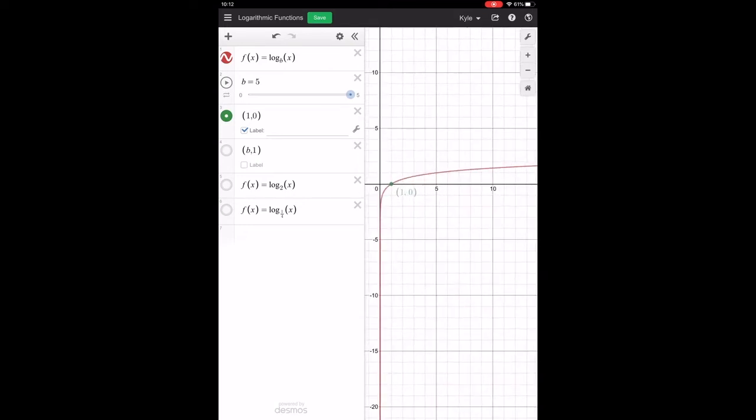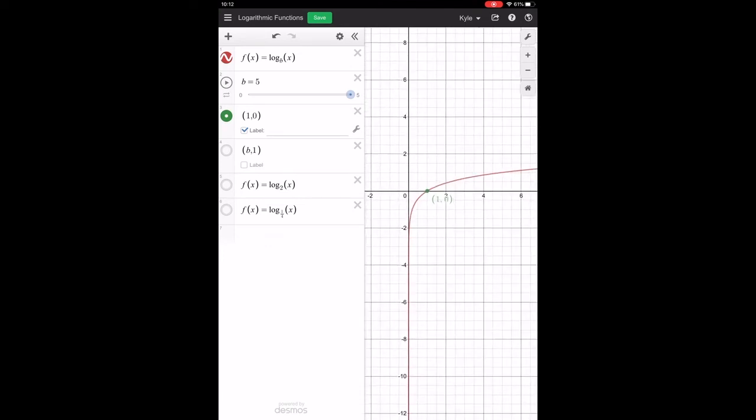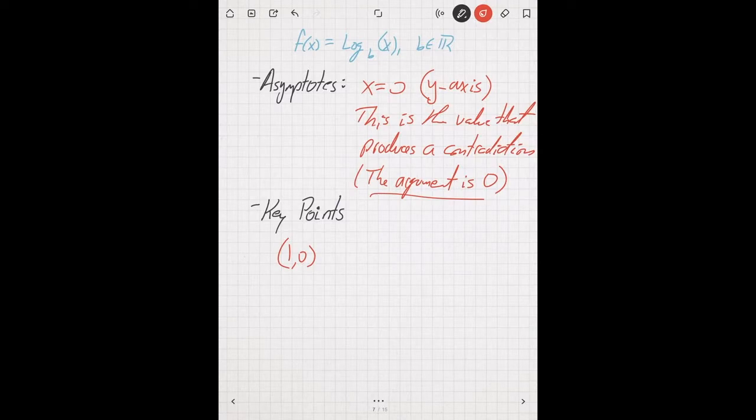Well, what I'm curious about is what happens when we have the x value being b. Let me write this down in the notes. I wonder what happens when I have a logarithm of base b where the argument itself is b.